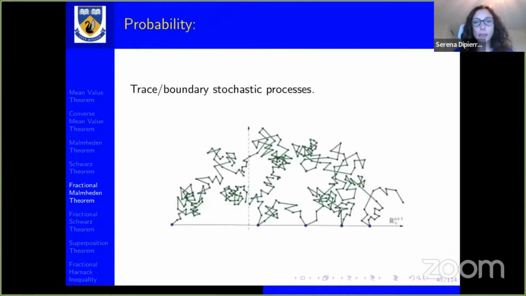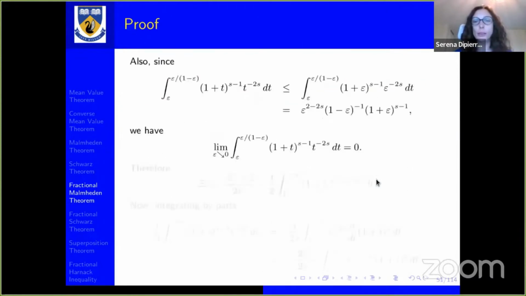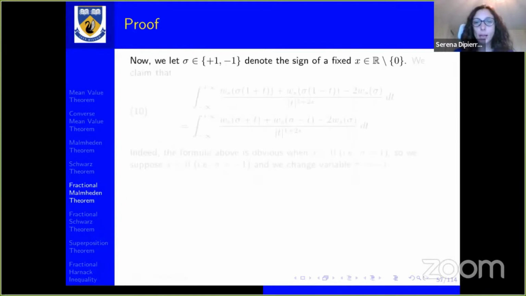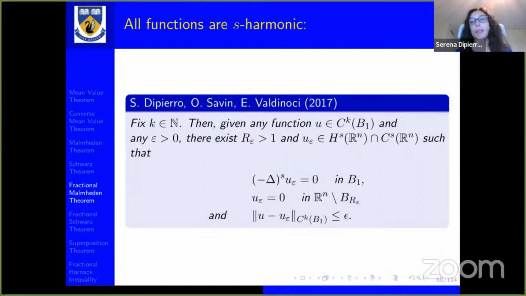We proved that this function, x plus to the power s, is s-harmonic in the half line, and we did the computation yesterday. Then we also proved this density result, which tells us that every nice function, a C^k function, can be approximated by a function u epsilon which is s-harmonic in B1, compactly supported, and close to my original function u in the C^k norm, a strong norm.